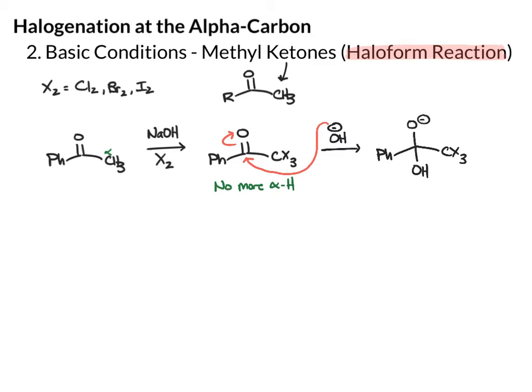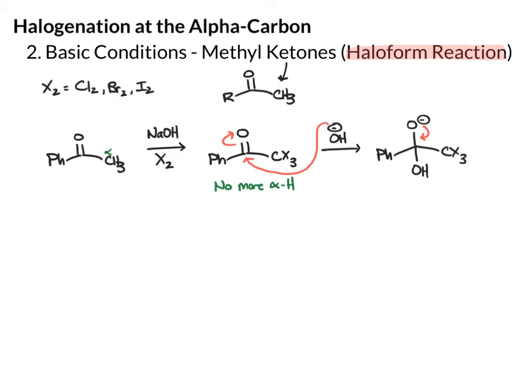Now, that's not to say that this can't and doesn't happen before this stage, but in general, what happens when a hydroxide attacks a ketone is you'll get this intermediate, but those electrons will come back down and you'll lose the hydroxide, just reverting to starting material, so it's non-productive.